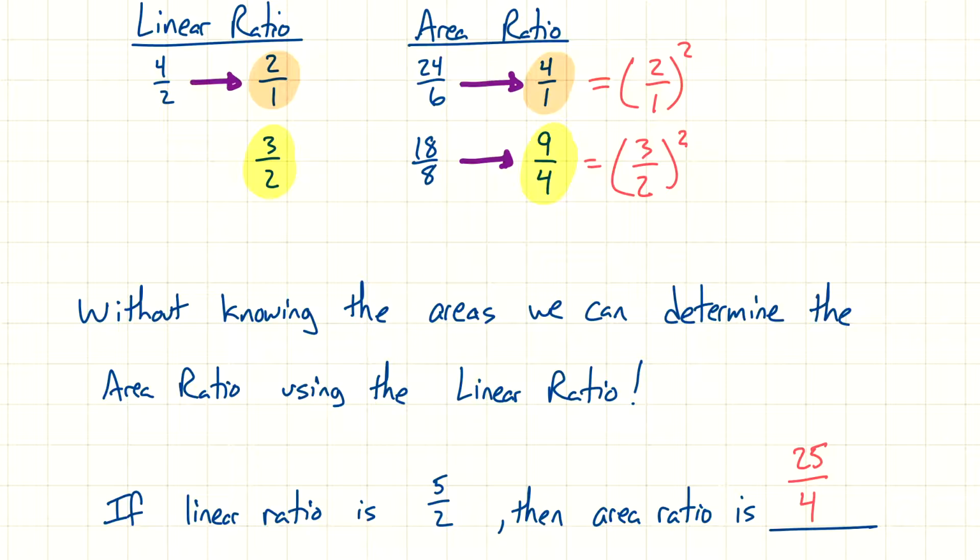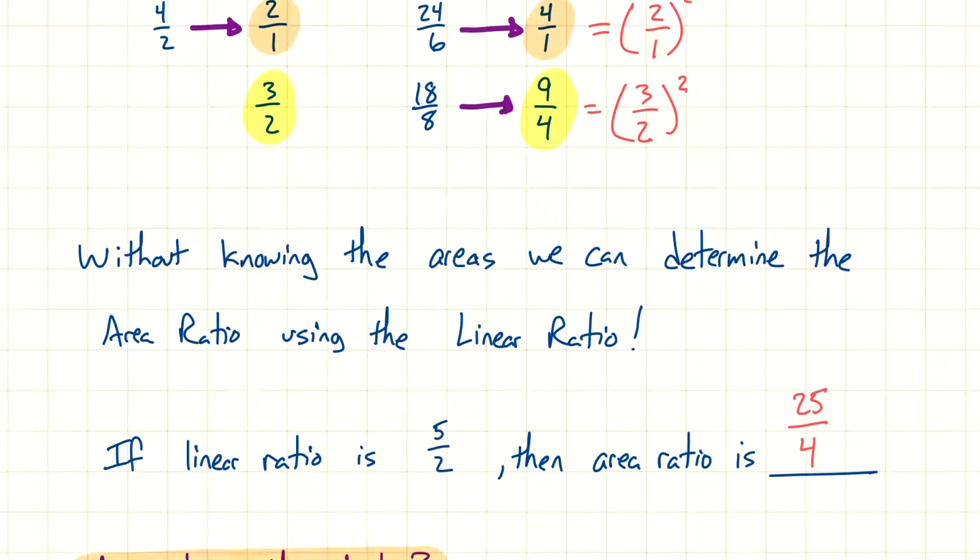So that's your area ratio. If the sides are growing by 5/2, that means the area is growing by 25/4. And those are actual numbers. If you want to turn them into decimals, you can after the fact, but it's a lot easier to work out once they're in fractions.